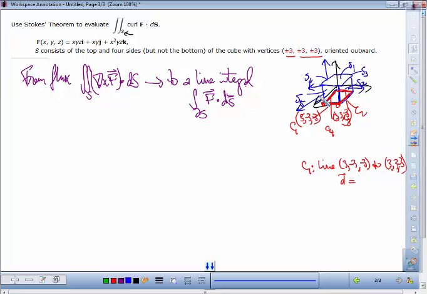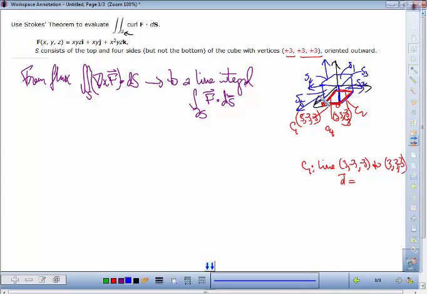Imagine you have a box. I have a box with an outward orientation, and there's a hole in the bottom of the box. So the bottom of the box will end up being our boundary, right?